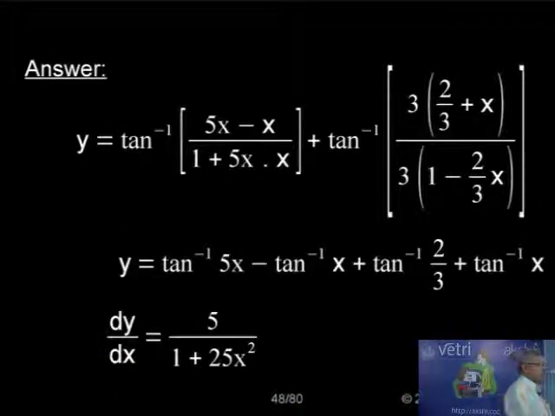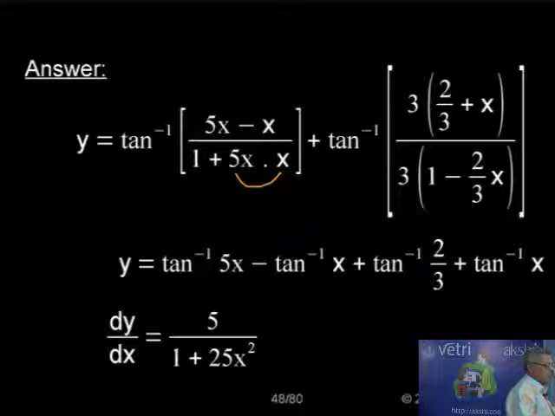Now, I am writing 4x as 5x minus x, and 5x square as 5x into x. And in the next term, 3 is taken out from the numerator and denominator, 2 by 3 plus x, 1 minus 2 by 3 x, so that 3 gets cancelled. Why so? Because this is in the form tan inverse (a minus b) by (1 plus ab), where a is 5x, b is x.